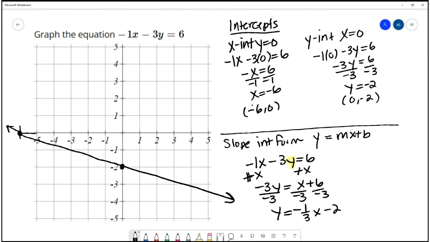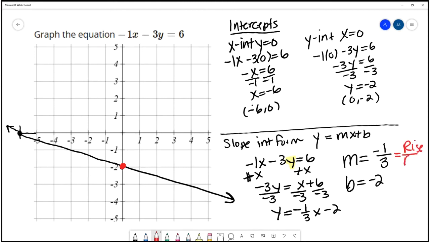Now that the equation is written in slope-intercept form, I can see the slope is negative 1/3, and the y-intercept is negative 2. So to graph using this slope-intercept form, you're going to start by plotting that y-intercept at negative 2, and then you're going to use the slope to get to another point.